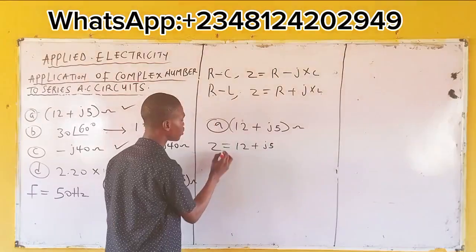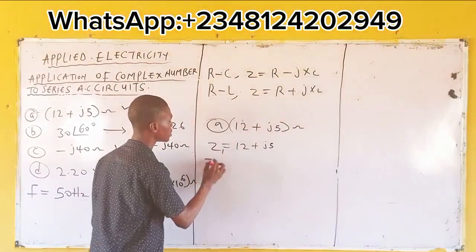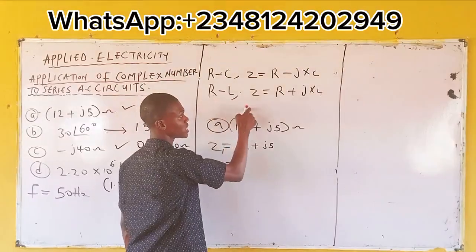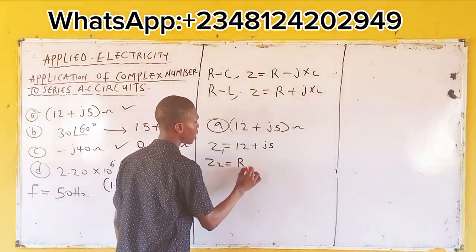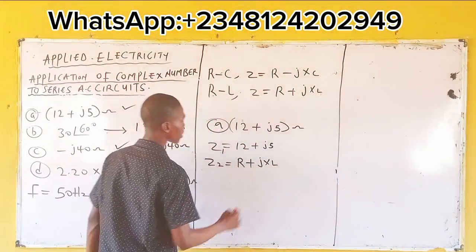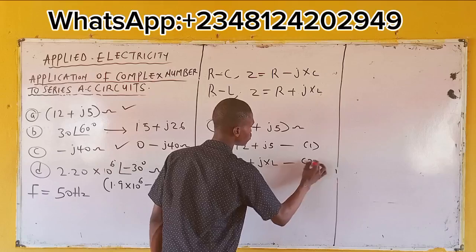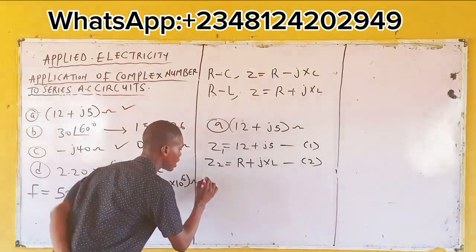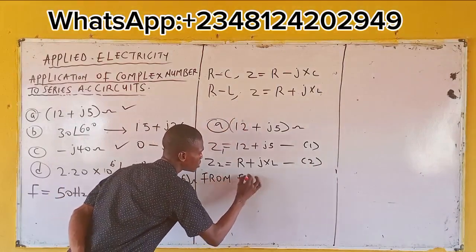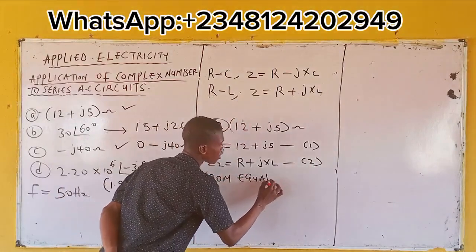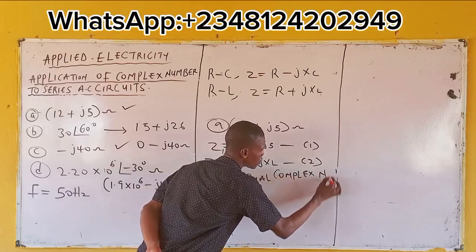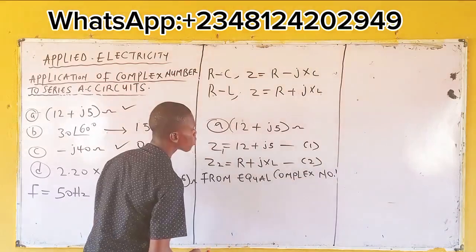Now, call this Z1. Now, Z2. Call Z2 the RL series circuit, which by formula, you have R plus JXL. Now, call this 1, call this 2. The next step is that recall, I've explained this before, from equal complex numbers, right?